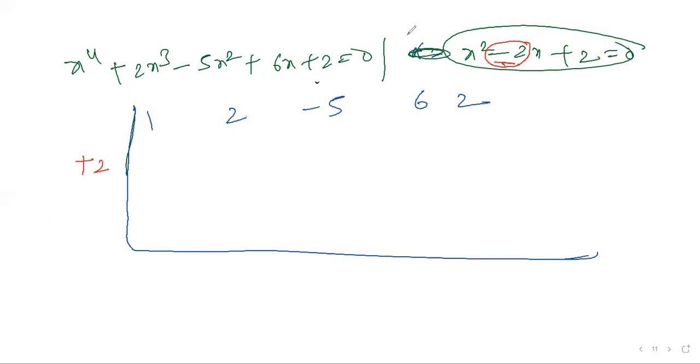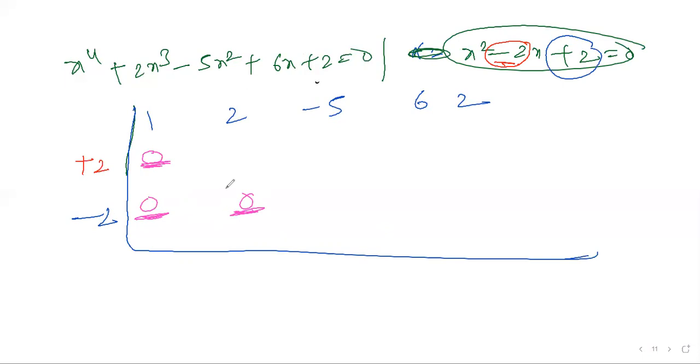Next, you have to write -2 here. Clear? Are you following me or not? After this, here you write nothing. It is 0. The default value is 0. Will you note this down, right?